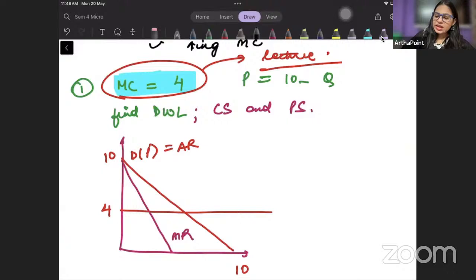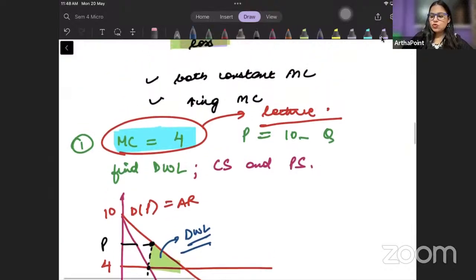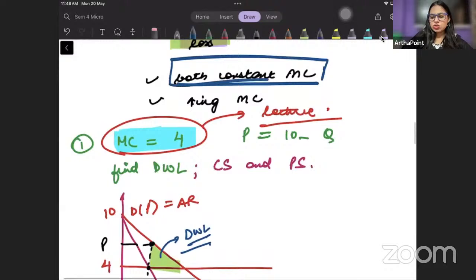So we know that MR will be equal to MC at this point, and from this point we will be able to find the price charged by the monopolist. And once I know the price charged by the monopolist, this part is going to be my deadweight loss. So this is the first kind of question that can be asked in exam where you will be having constant marginal cost.